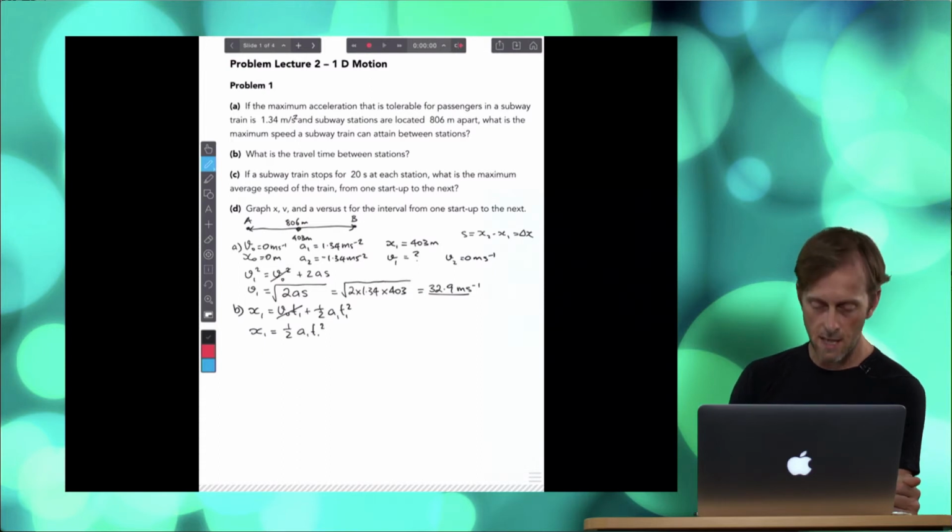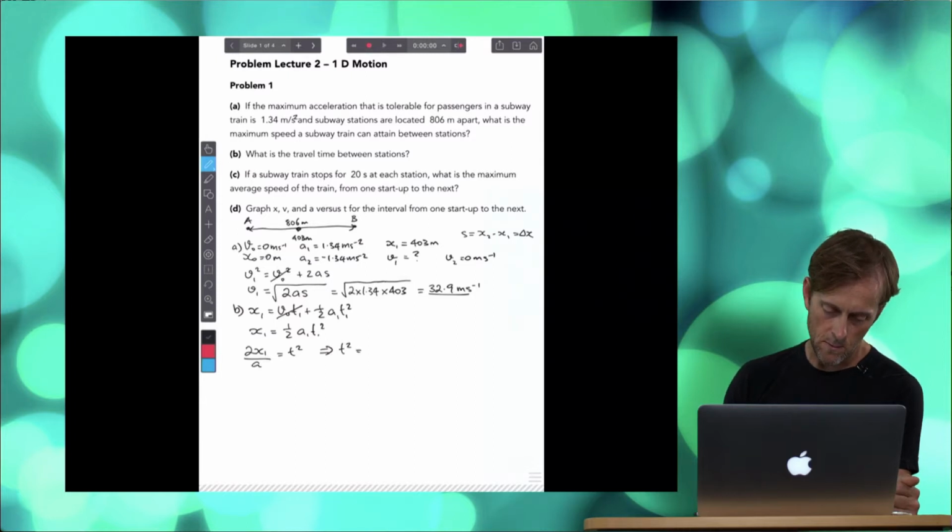We want to solve for t, so we multiply by 2 and divide by a on both sides. So we get 2x1 divided by a equals t squared. Therefore, t is equal to the square root of 2x1 over a. We can put values in.